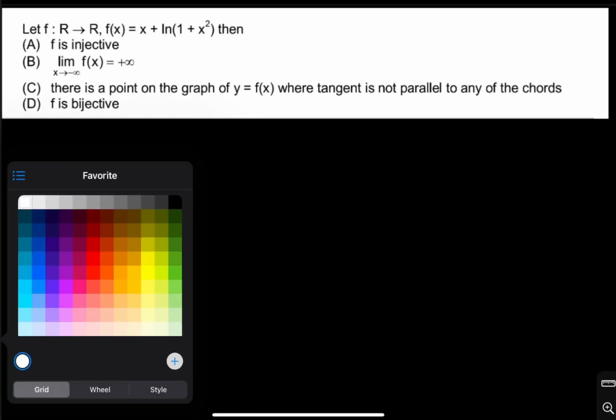Okay, so we will solve this problem by sketching the graph of f(x). To draw the graph of f(x), at first we have to know what the graph of log x is. So we start with the graph of log x.